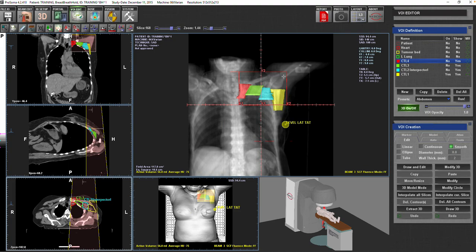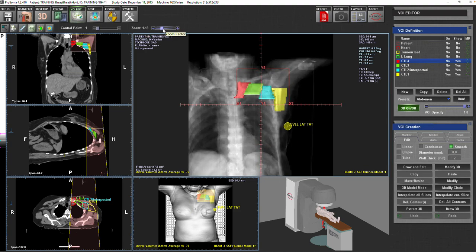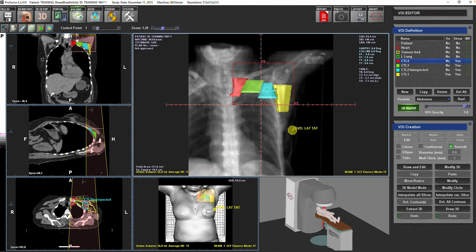You'll tell me that we don't irradiate the humerus. Yes, I will put a shield on the humeral head, and that's what Esther was talking about. Esther was talking about the fact that when we put a shield on the humerus, this means that the upper part of CTL1 will be compromised. Yes, it's true.